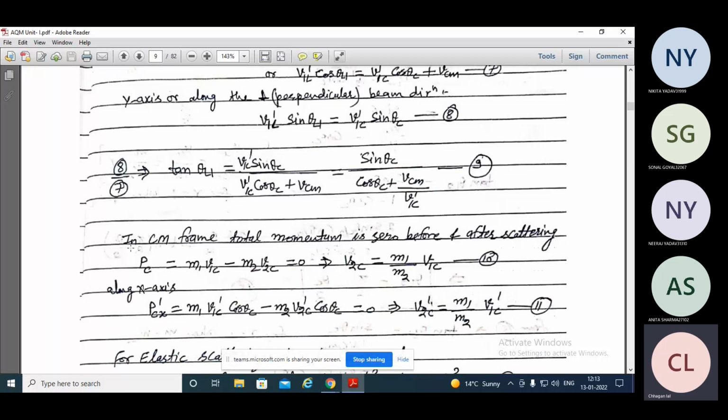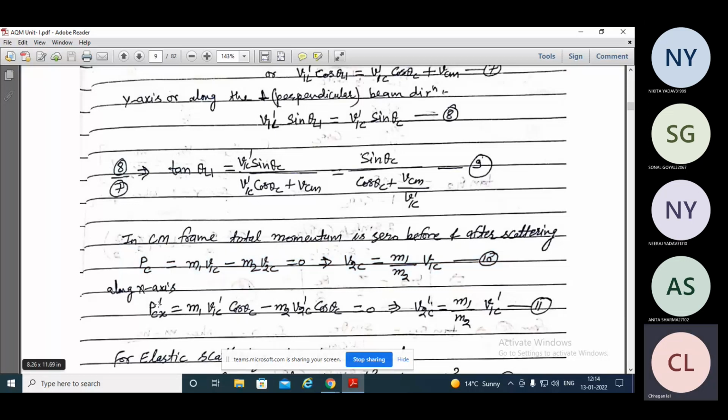So PC, the total momentum before scattering, equals M1 V1C minus M2 V2C equals 0. So now we can represent V2C as M1 over M2 times V1C. So we can calculate the velocity of the second particle in the C frame.